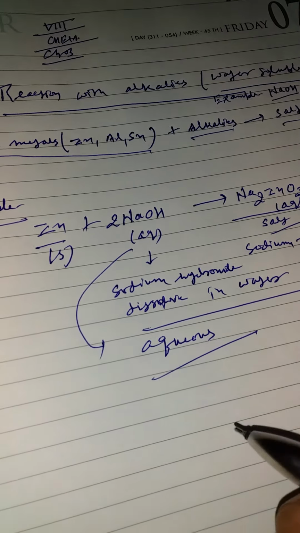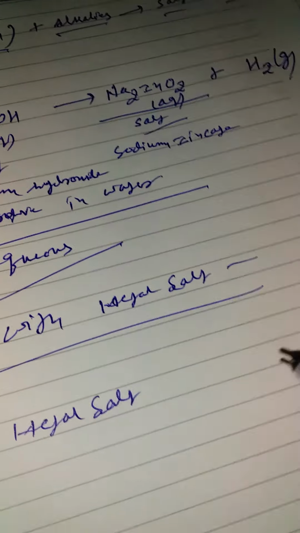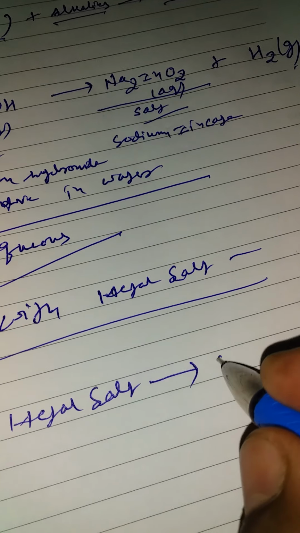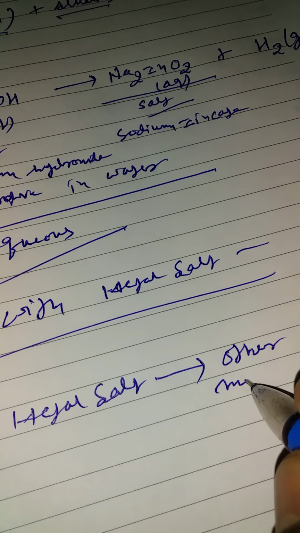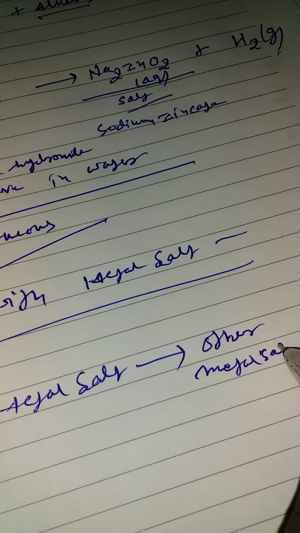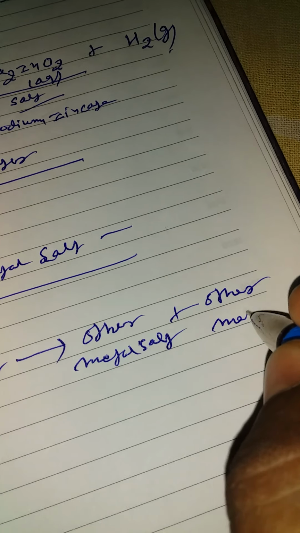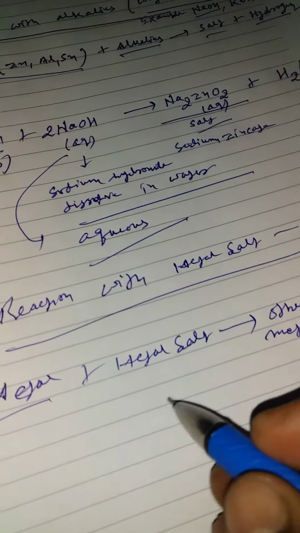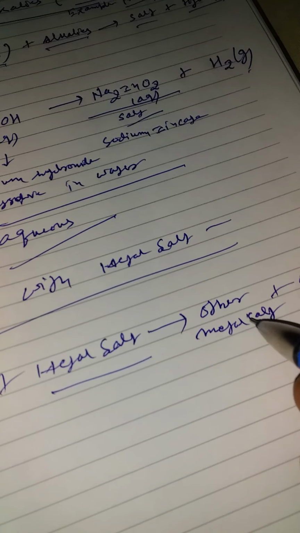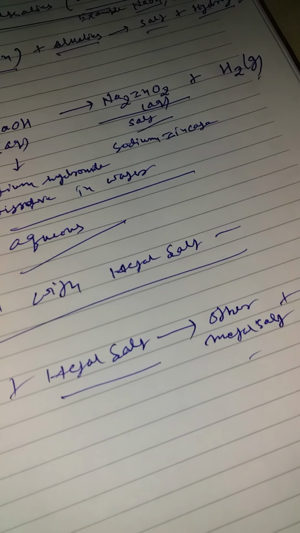Students, metal react with metal salt to form other metal salt plus other metal. Metal react with metal salt to form other metal salt and other metal.